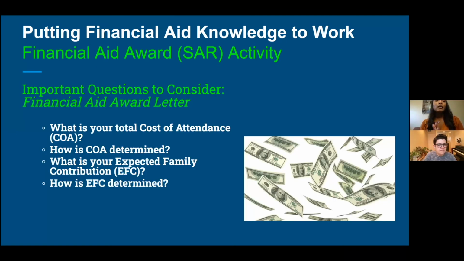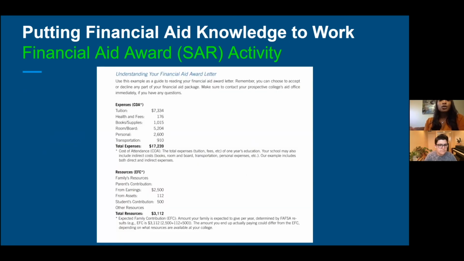All right, so we looked at our cost of attendance, and we also looked at our expected family contribution, right? So let's ask some questions and get you involved in how you can review your student aid report. So what was your total cost of attendance to go to that university? All right, so I'm the example student. My total cost was $17,239.